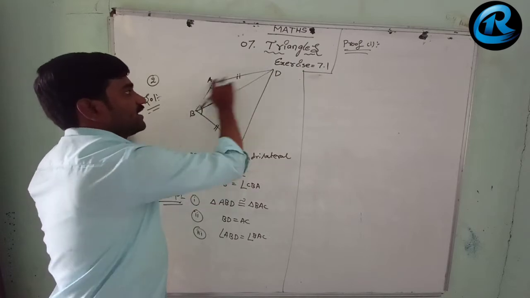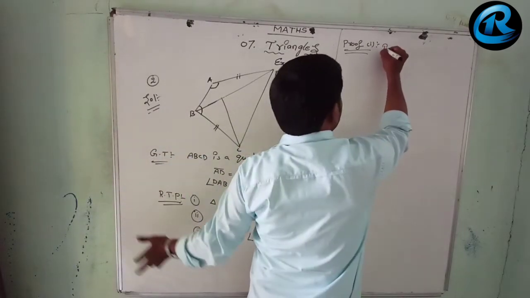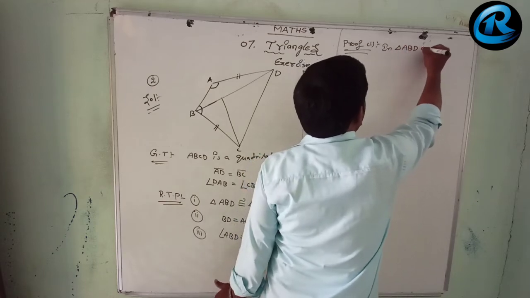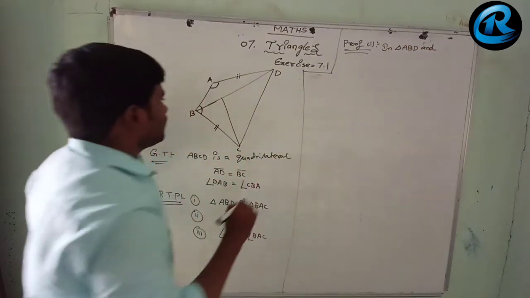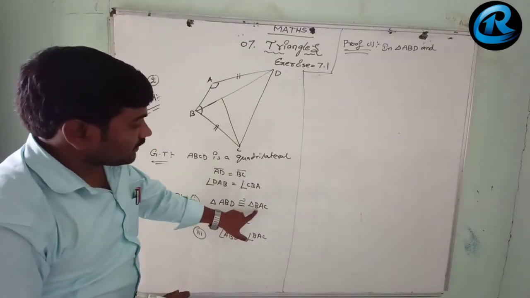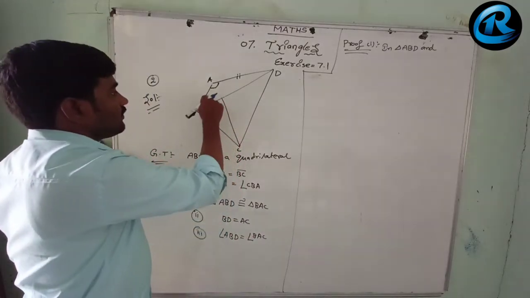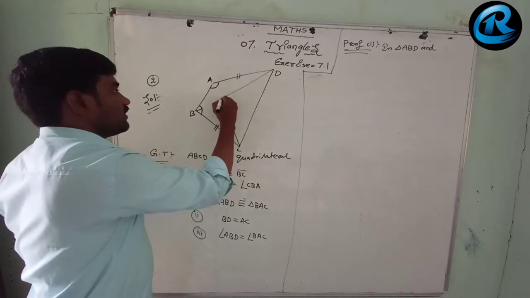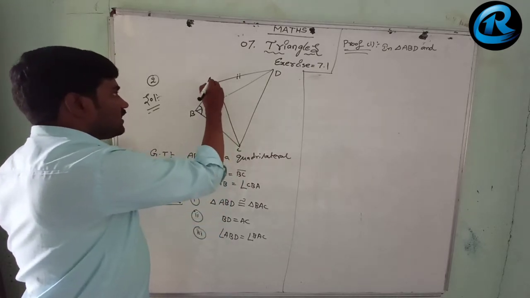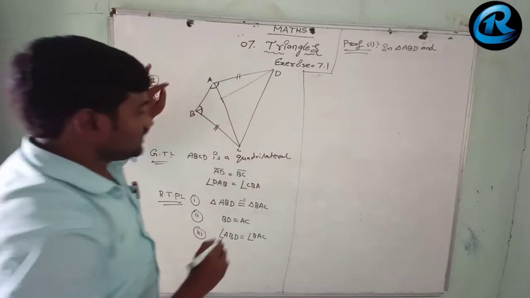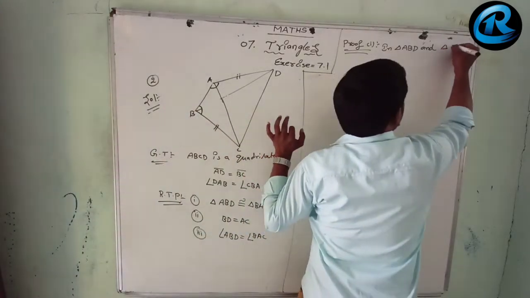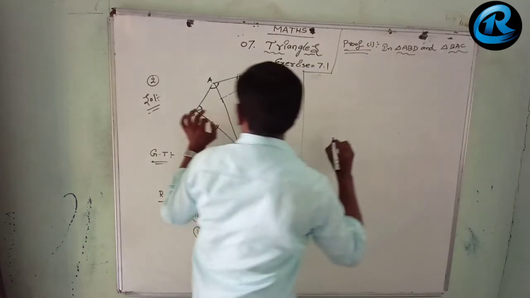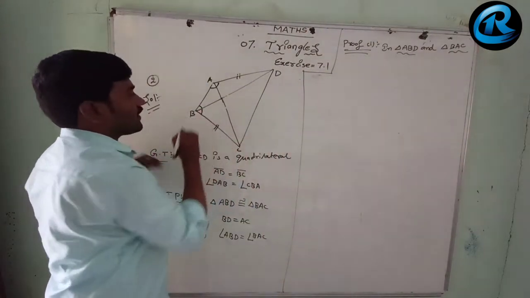Triangle ABD we have to take, and then BAC. Now forget this, angle BAC. In triangle BAC, we have to observe everything very closely. Okay, now let's go for that.